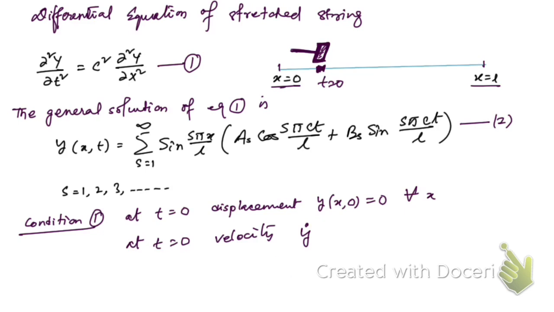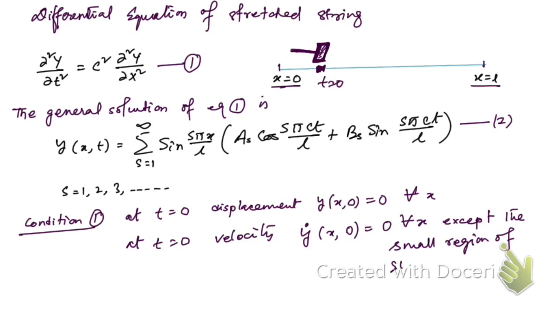That represents velocity. At x comma 0, that will also be 0 for x except the small region of striking, that is the region from x is equal to a to x is equal to a plus dA.